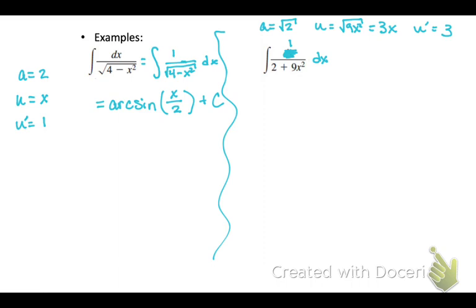Okay, well, what form would that fit if it was going to fit any of them? Arctangent. Okay, so arctangent says I have to have u prime over a squared plus u squared, yes? So I don't have 3 in the numerator. I have 1.